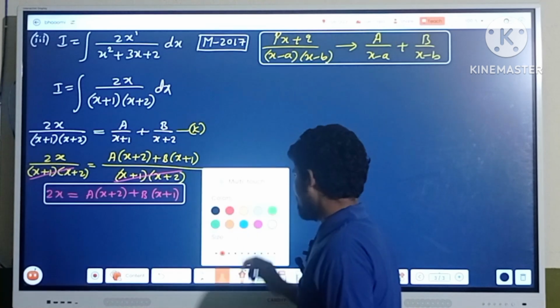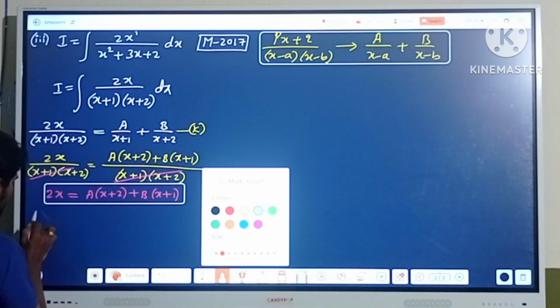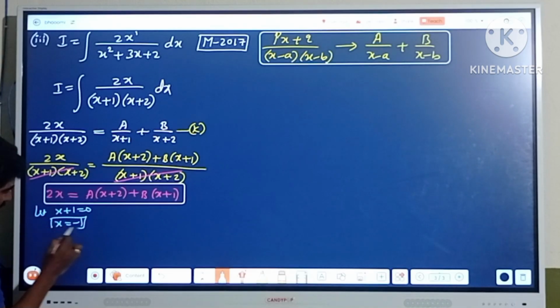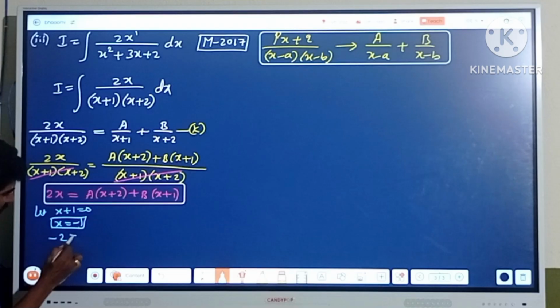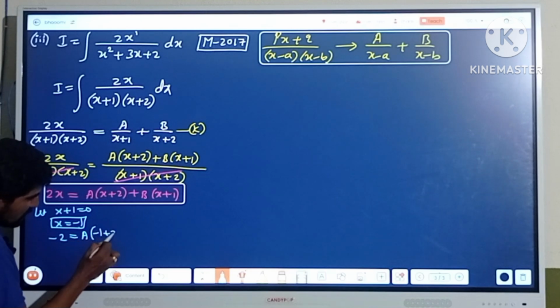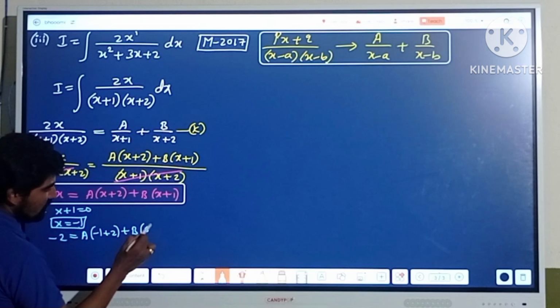Again, same procedure. To identify A, make the coefficient of B zero. That is, let x + 1 equal 0, which means x equals −1. See here, LHS, 2 into x, the value of x is −1, so 2 into −1 is −2, which equals A into (−1 + 2) plus B into 0, as we consider the value of x + 1 to be 0.